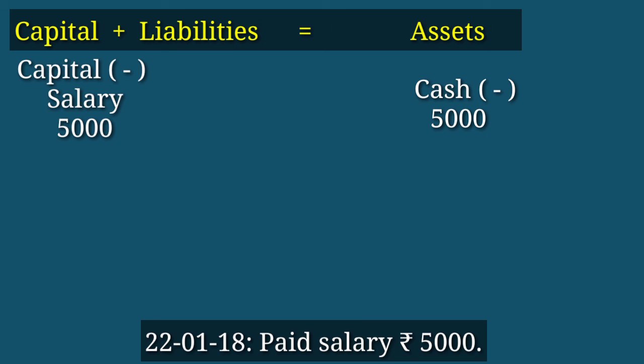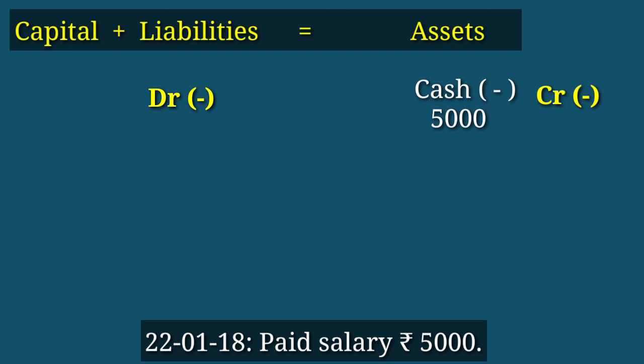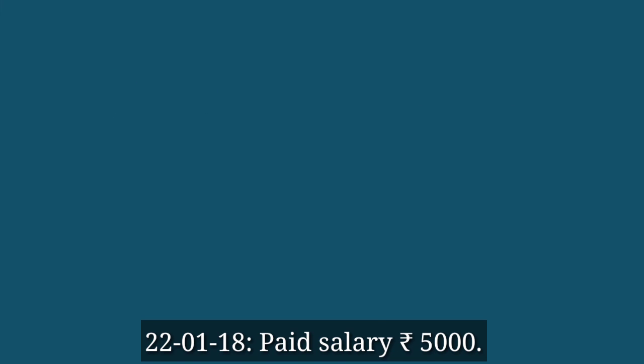When liability is decreasing, we will debit it. Here liability is decreasing, capital is decreasing, but in the name of salary. So salary we will debit, and when the asset is decreasing, that time we will credit it. So cash we need to credit. Okay. Then we can write the journal entry.